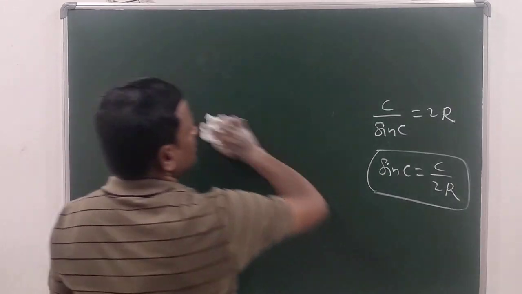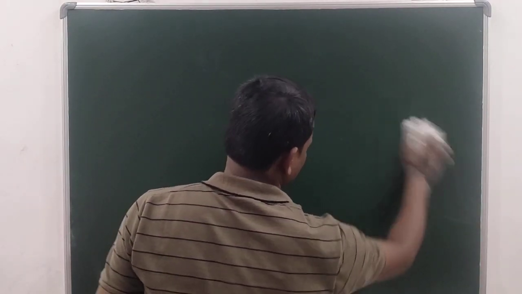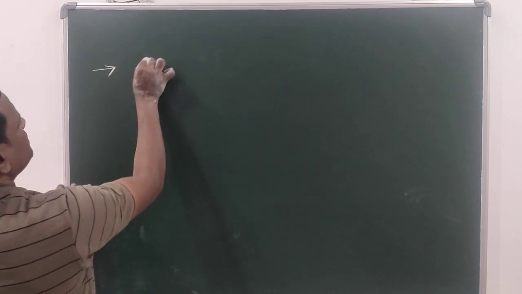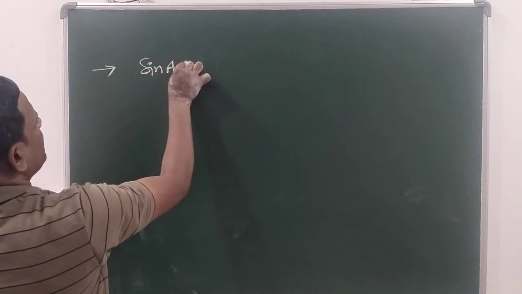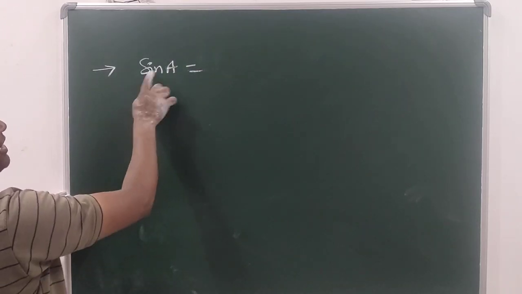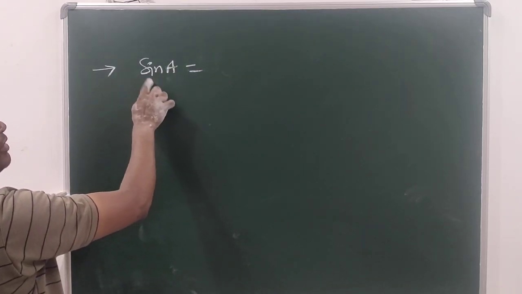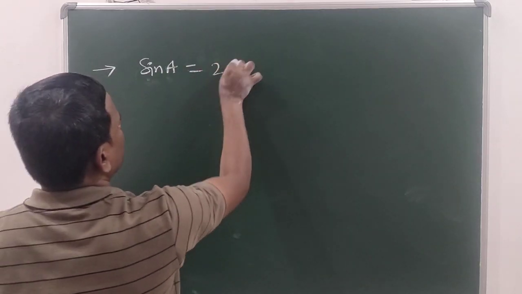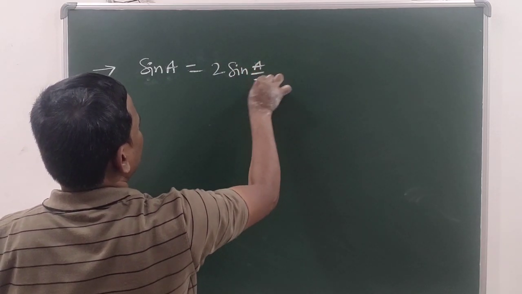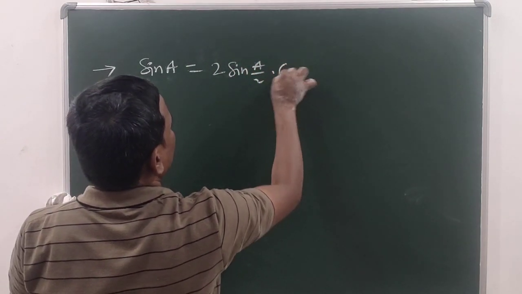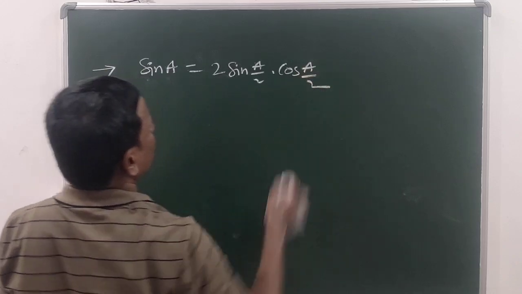Next, students, see here. See this sine A. Write it using half angles, that is, the submultiples formula. You get 2 sine A by 2 into cos A by 2, no? Right.